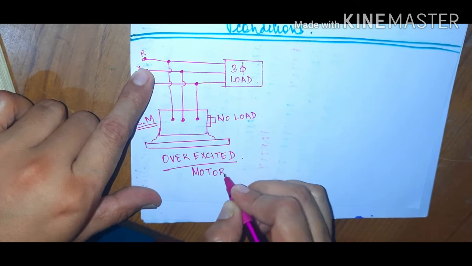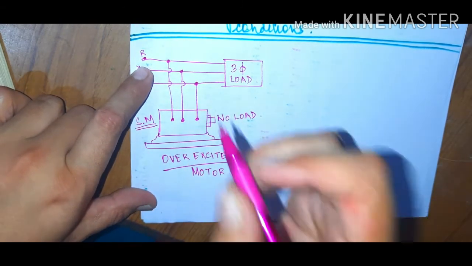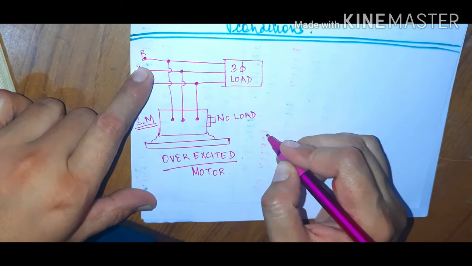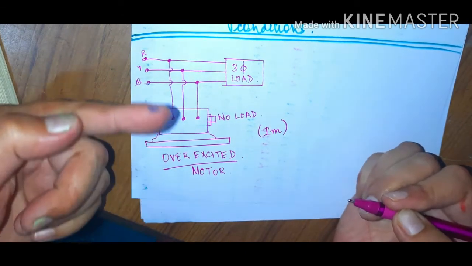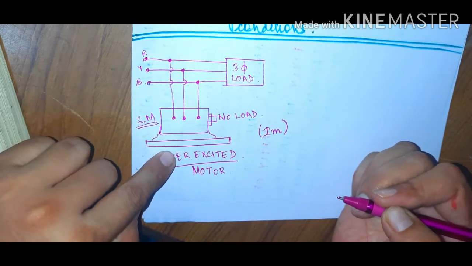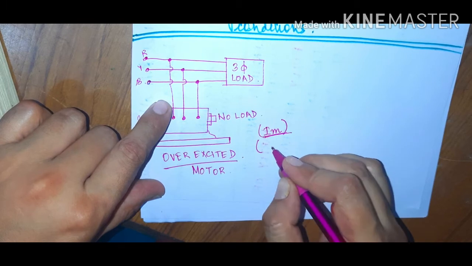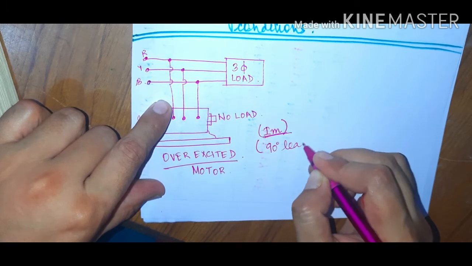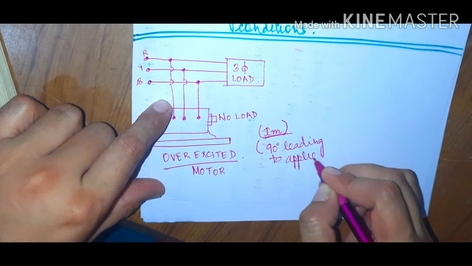In that case, this over excited synchronous motor starts drawing a current known as the magnetizing current, which earlier was lagging behind the applied voltage, but now becomes 90 degrees leading the applied voltage.